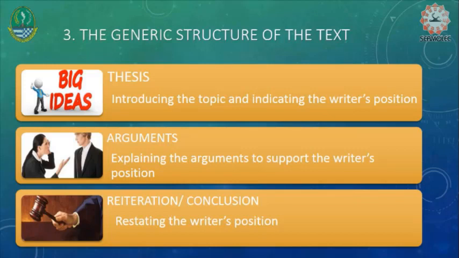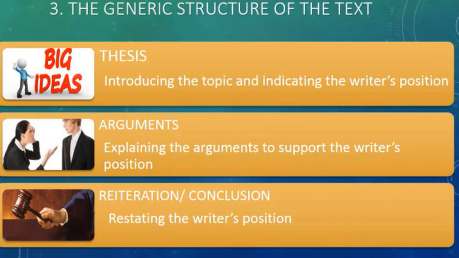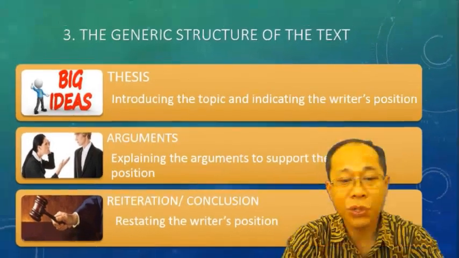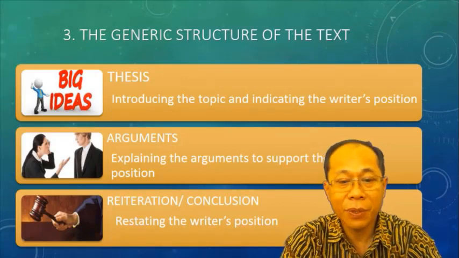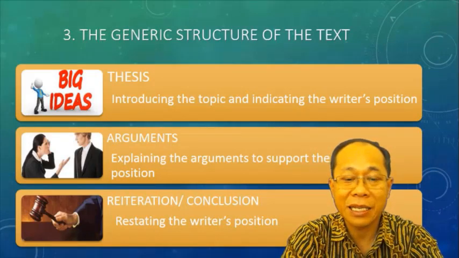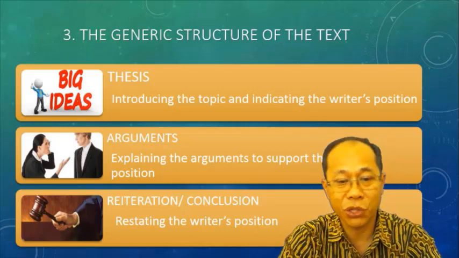What are you going to put there in the thesis? Thesis is a big idea of the speaker, big idea of the writer maybe. It introduces the topic and indicates the writer's position. Once again, it introduces the topic in general, but he would like to say that his thesis is the correct position.